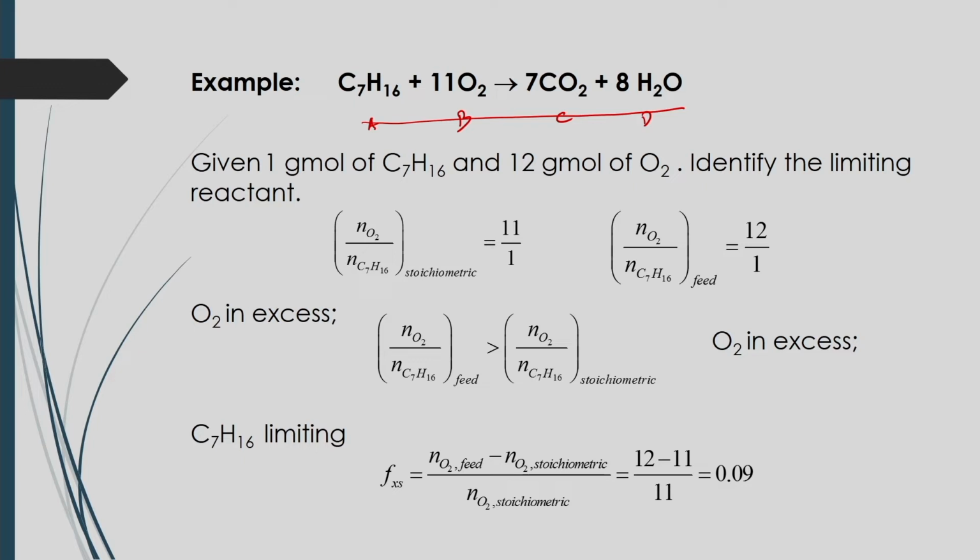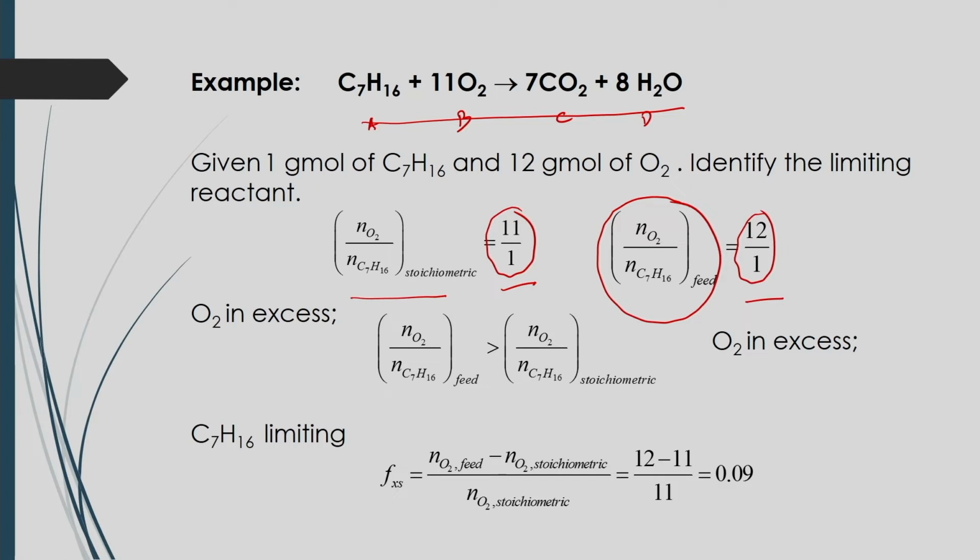First you have to find the ratio of oxygen to heptane in the reaction. As per the stoichiometric coefficients this ratio is 11/1, whereas the ratio of these molecules in the feed is 12/1. Since 11/1 is less than 12/1, we can say that oxygen is in excess here.